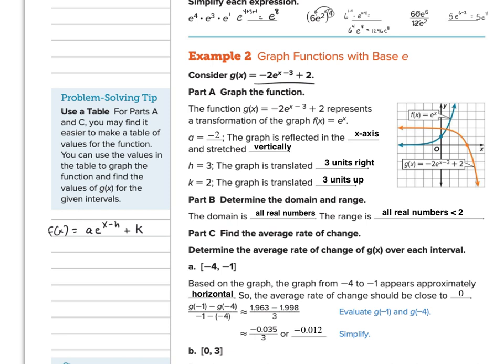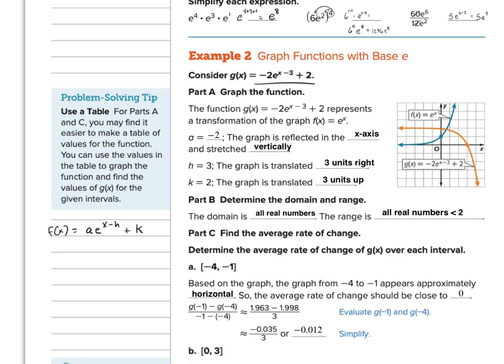So we can use this to understand how this is being transformed, and being able to see that this minus 2, it is not only being reflected, but it is being stretched. H of 3, that means we're moving right along the x-axis because that's our positive direction. K of 2 means we're moving up, that's our positive direction.